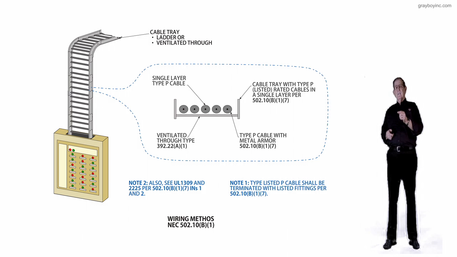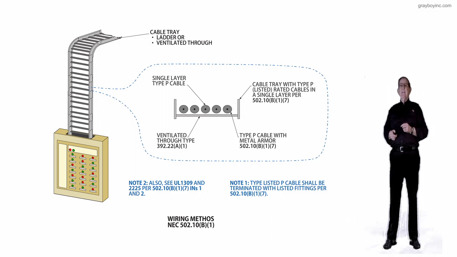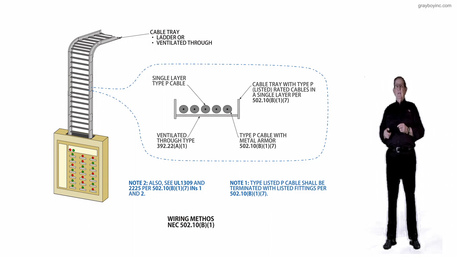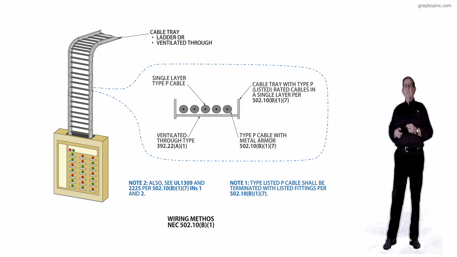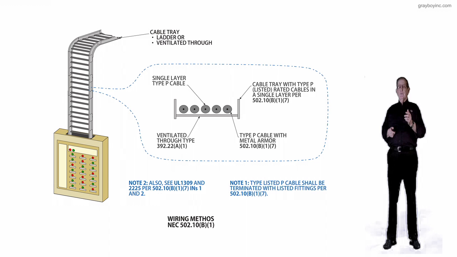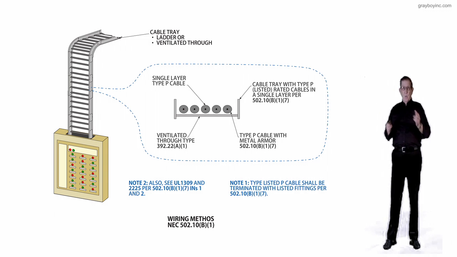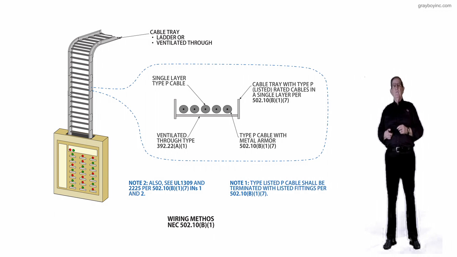And then again, we want to be sure and look at 336.10, item 7, and the exception to item number 7. And then finally, we review Note 3. It says for cable tray installations, be sure that we go over and review Article 392 dealing with this type cable, along with your cable tray, because a cable tray is not a conduit system, it's not an auxiliary gutter or wireway, as defined in 392.2.